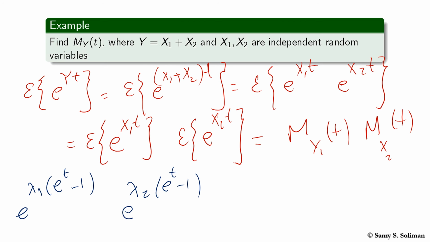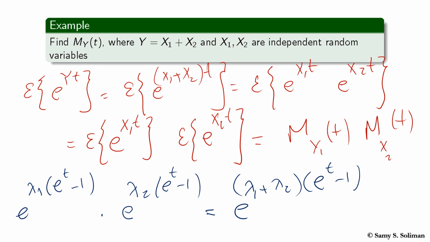And since they are independent and we were seeking the probability distribution of their addition, the moment generating function of their addition is the product of their moment generating functions. So this can be rewritten as e power (lambda 1 plus lambda 2) times (e power t minus 1). And again, this is the same form of the moment generating function of a Poisson random variable with parameter lambda 1 plus lambda 2. Then with the uniqueness theorem, we can say that y is a Poisson random variable with parameter lambda 1 plus lambda 2.